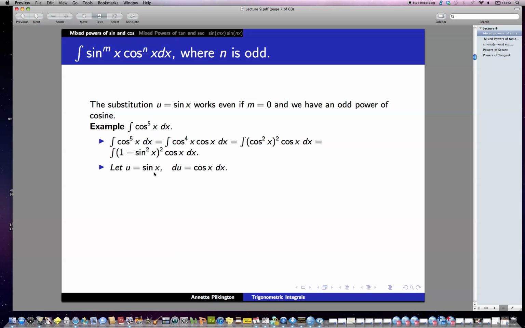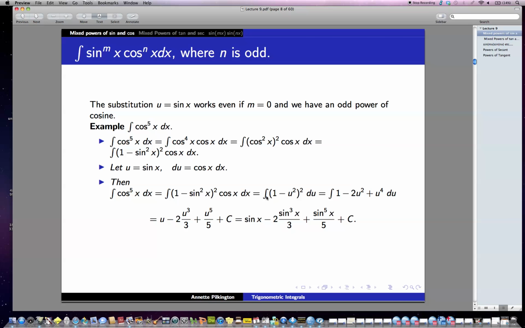Letting u equal sine x, du is cosine x dx, and then cosine to the 4 is cosine squared squared, which is 1 minus u squared, squared. At the end of the day, I end up with an integral of powers of u, which again is relatively easy to compute, and then when I'm done I replace the u's by my function of x, which is sine of x.